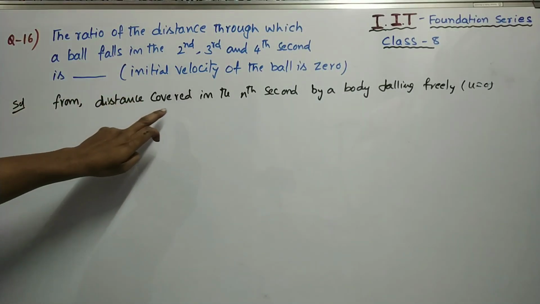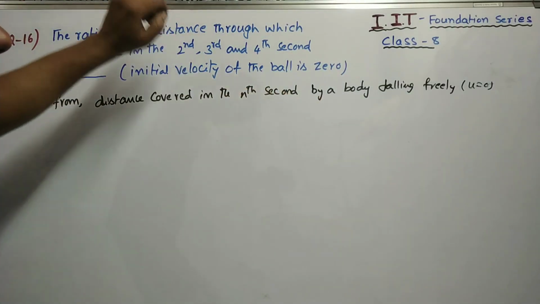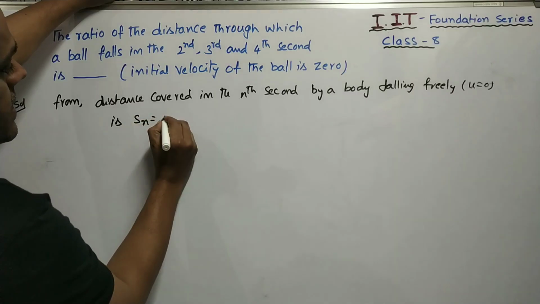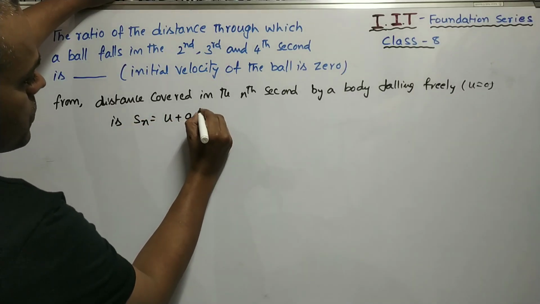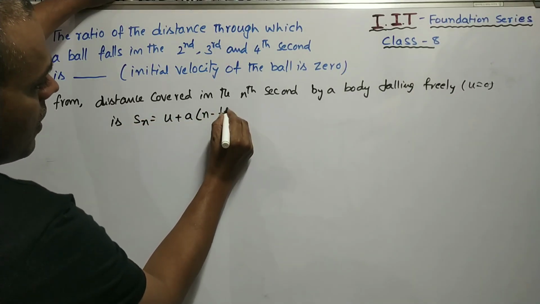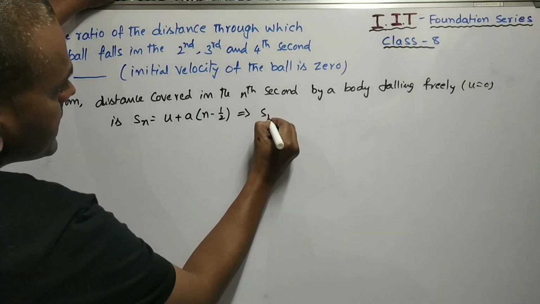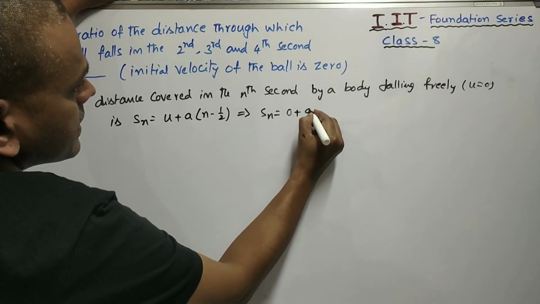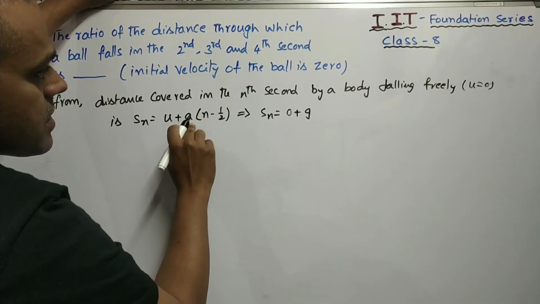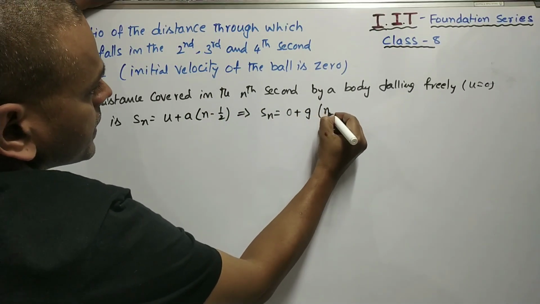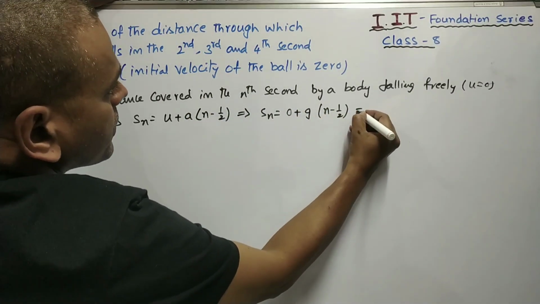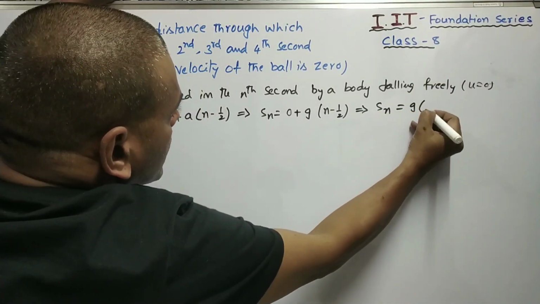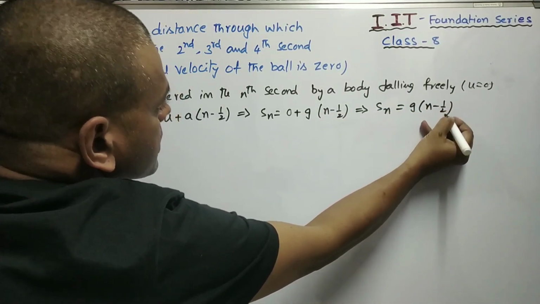The distance covered in the nth second by a body falling freely is Sn equal to u plus a into n minus half. That implies Sn is equal to 0 plus a, which is g, because it is freely falling, into n minus half. That implies Sn is equal to g into n minus half.